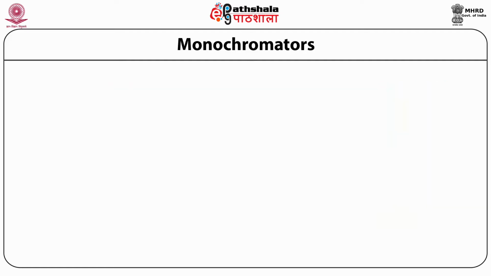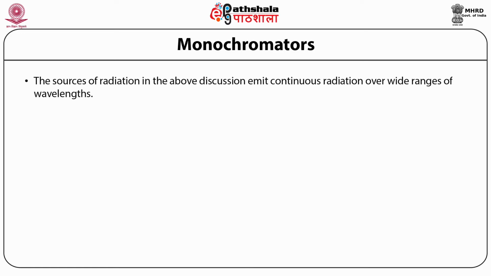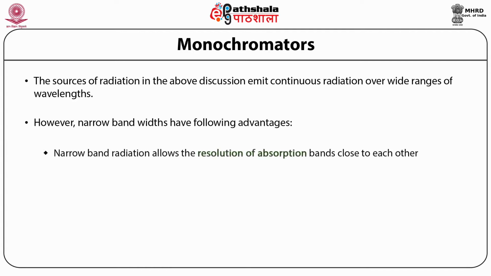Monochromators. The source of radiation, as you have learned in the above discussion, emits continuous radiation over a wide range of wavelengths. However, narrow bandwidths have the following advantages. Narrow band radiation allows the resolution of absorption bands which are quite close to each other.